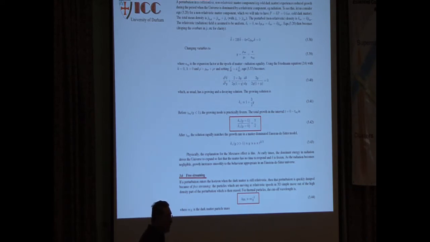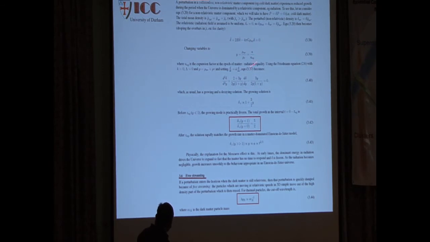Another way to think about it is just the universe expanding much too fast. In the radiation era, the matter cannot keep up with it, and so fluctuations in the cold dark matter cease to grow during the radiation era. And it's very easy to show how this works. Here's the perturbation equation for the appropriate case of cold dark matter, and you just need to do some change of variables. You can go through all the equations in the notes in the quiet of the beach if you feel like it.